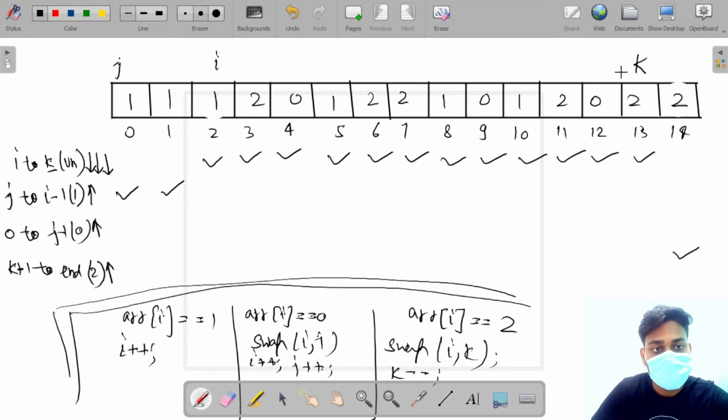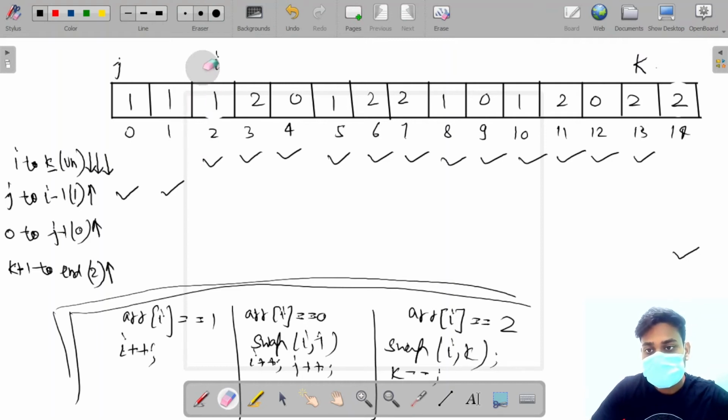So we are not sure whether the value present at k is 0 or 1. If it is 1, then we can increase the value of i, but if the value at k is 0, then we cannot increase the value of i, because it will create a problem when we traverse the array. That's why we only decrease the value of k, not increase the value of i.